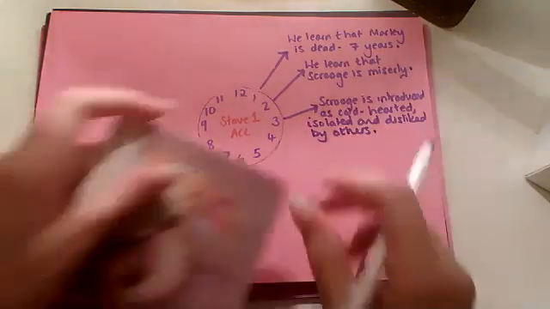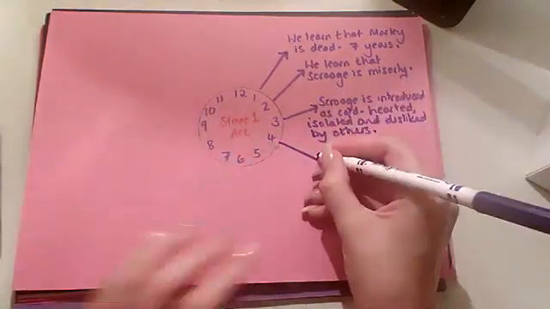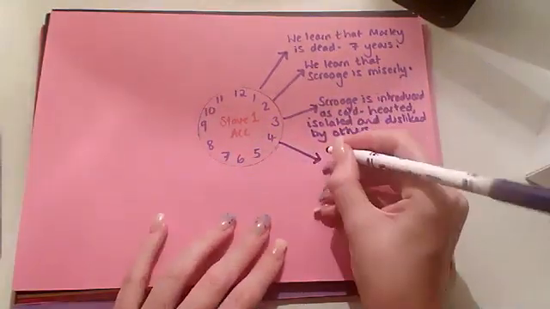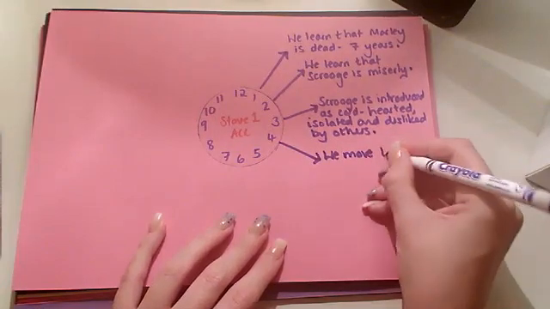Okay, number 4. The narrative moves to the counting house, which is Scrooge's place of work.